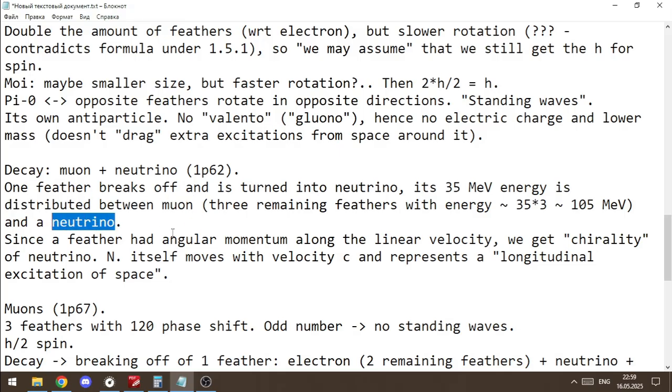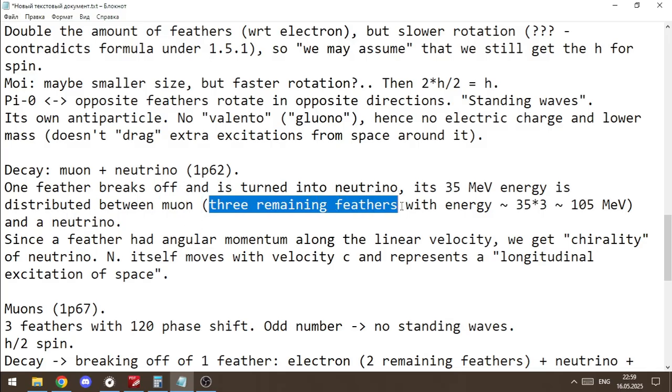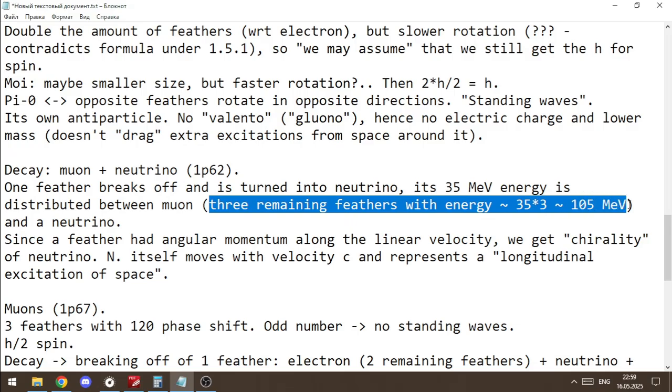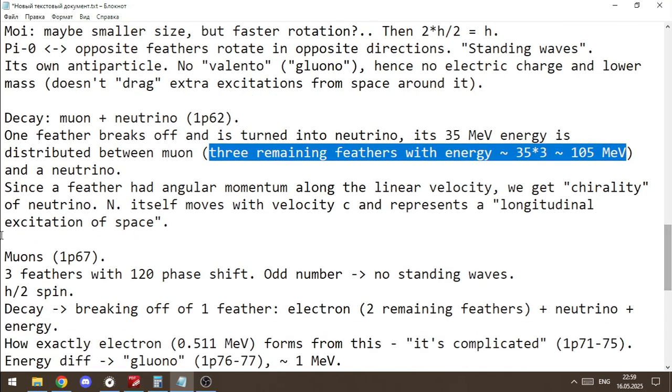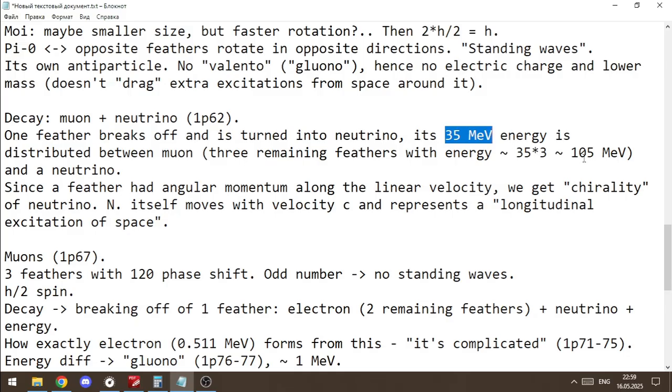So basically from here you already get that the muon is just the 3 remaining feathers, right? With total energy of roughly 35 times 3, 105, which is almost exactly the mass of muon, by the way, just so you know. Yeah, and the remaining energy is divided between kinetic energy of this guy, the muon himself, the 3 remaining feathers, and some of it is taken by neutrino.